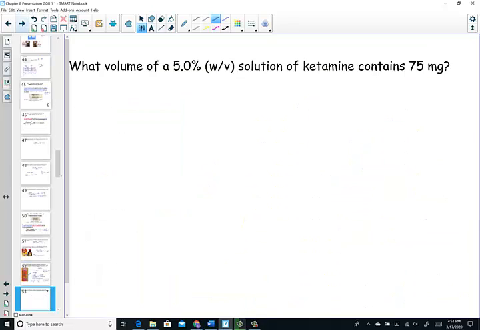What volume of a 5% weight by volume solution of ketamine contains 75 milligrams? Okay, just want us to set up a proportion, set up a ratio so that you can see the expression.